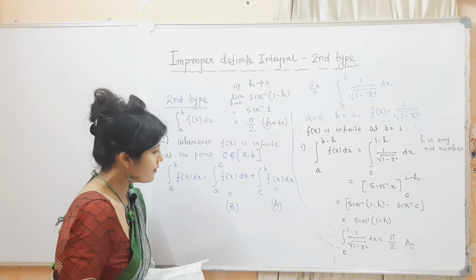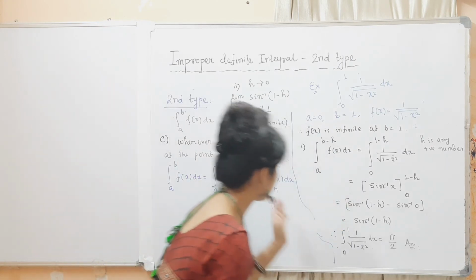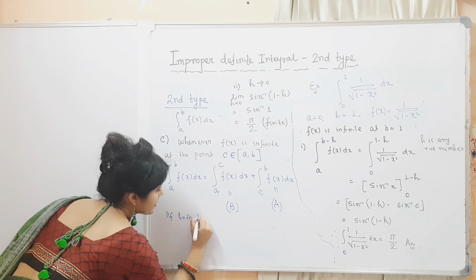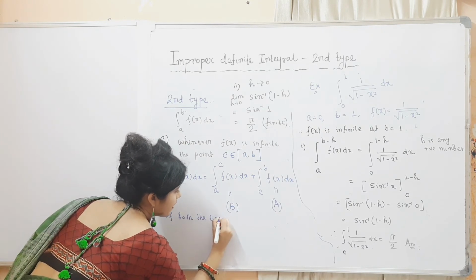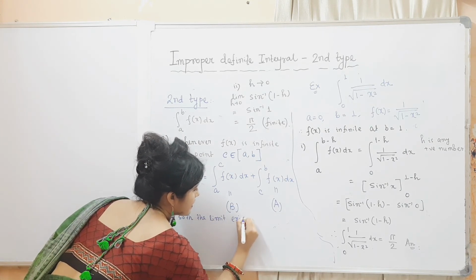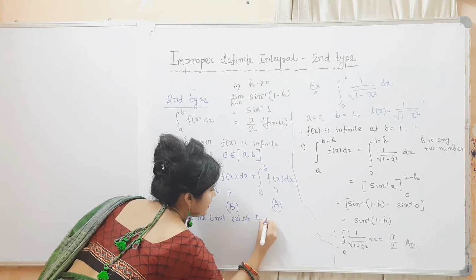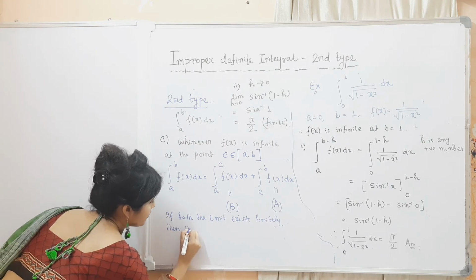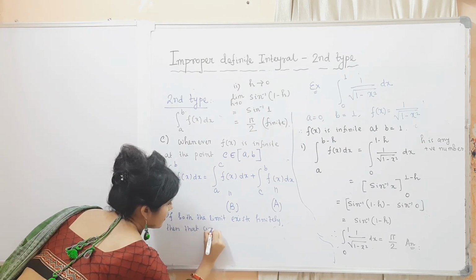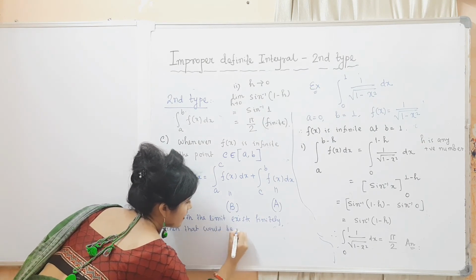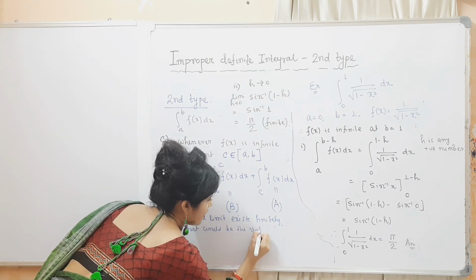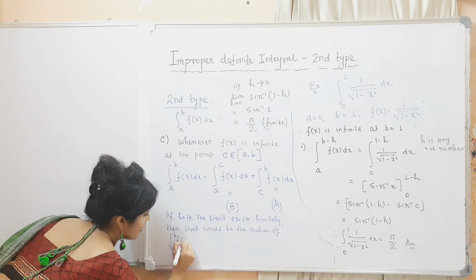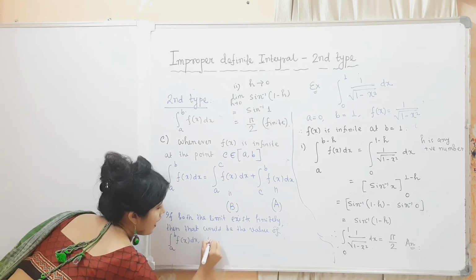So if both the limits exist finitely, then that would be the value of the integration from a to b of f of x dx.